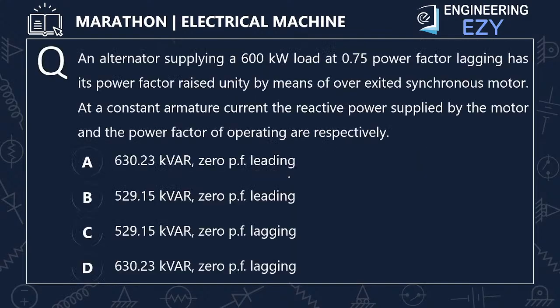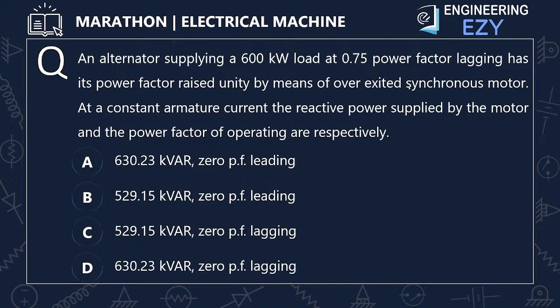Okay. Moving to the next question. Try to give the answer to this question. This question may be a network question or a synchronous machine question. When an induction motor or synchronous motor works in the leading power factor, over-excited region, it works as a condenser. An alternator supplying a 600 kilowatt load at 0.75 power factor lagging has its power factor raised to unity by means of an over-excited synchronous motor.